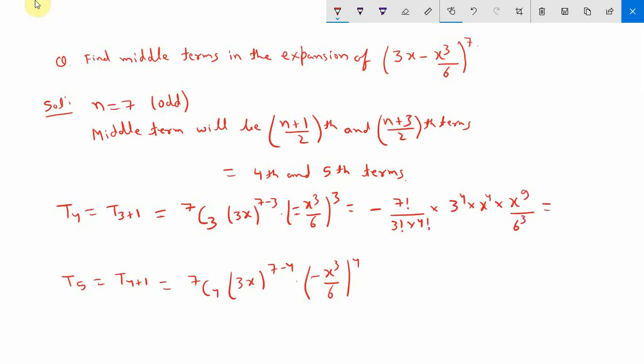After solving this, we will get minus 105 by 8 x to the power 13. So this is one of the middle terms.